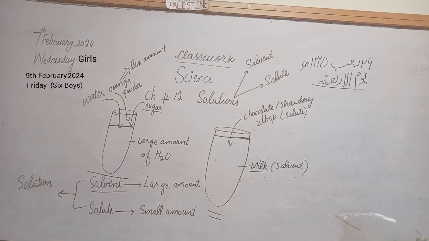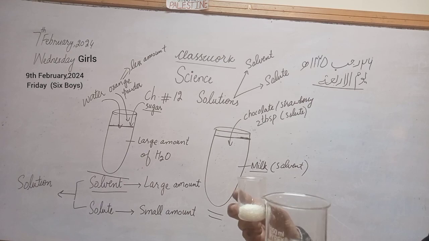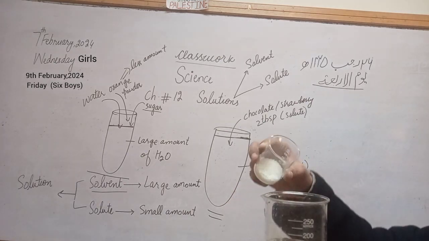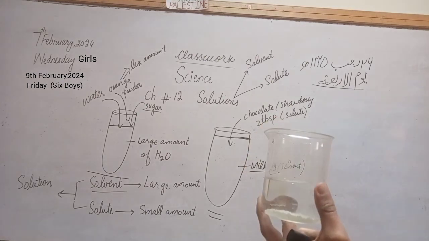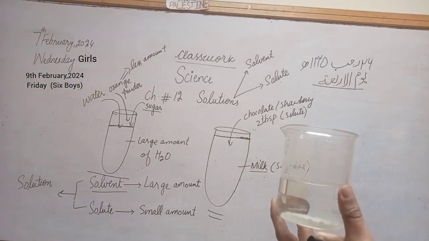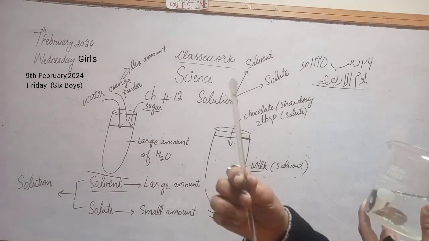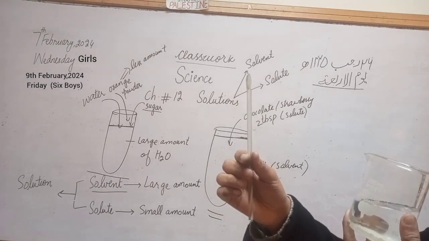And I will pour, here is the sugar. I will pour sugar in it in very small amount, not large amount. It is solute. Our solute is sugar and solvent is water. And with the help of this instrument, that is called as, what is this? It is stirrer.